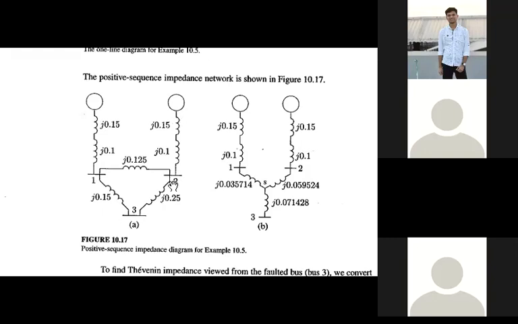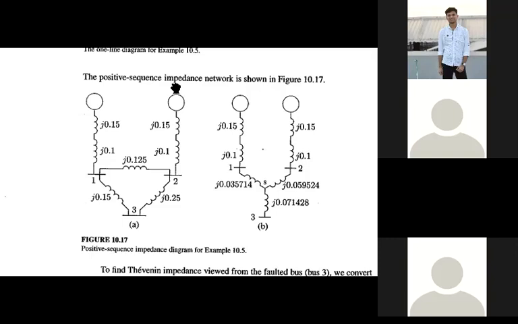So you can determine Z bus from that single line diagram based on your earlier concept. Like you have this reactance information and number 1 node and the ground, number 2 node and ground, and this is 3. You can use those concepts to get the final outcome of this Z bus in terms of positive sequence.